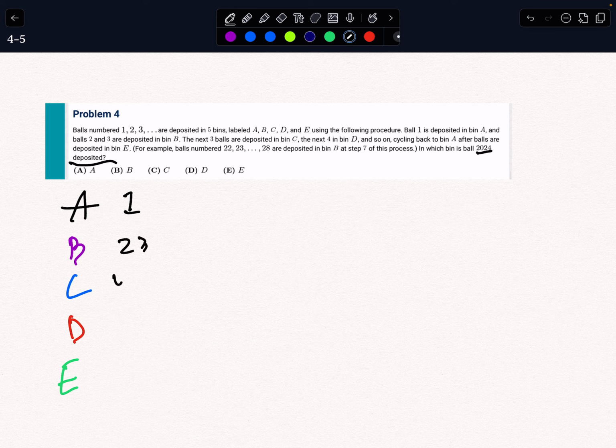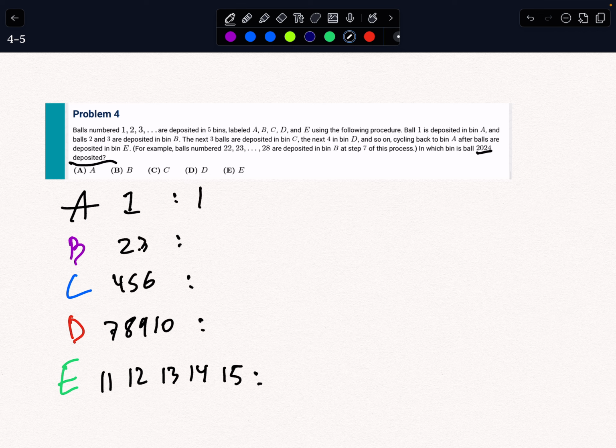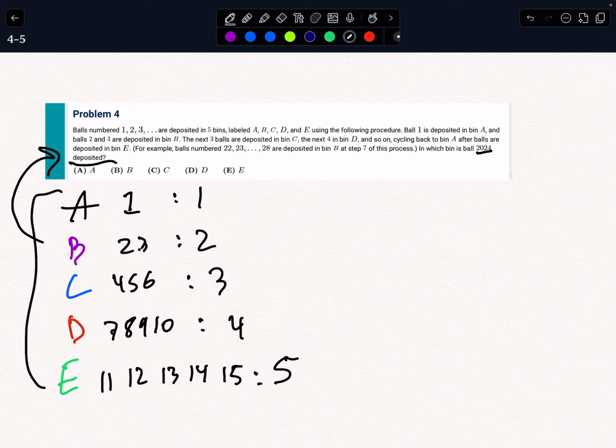Bin C is going to have 4, 5, 6. So this bin is going to have 1 ball, this bin is going to have 2 balls, this bin is going to have 3, this bin is going to have 4, and this bin is going to have 5. This is just to help visualize the question a little bit, in case someone didn't understand it.